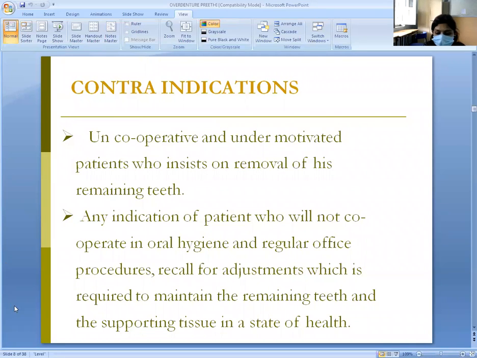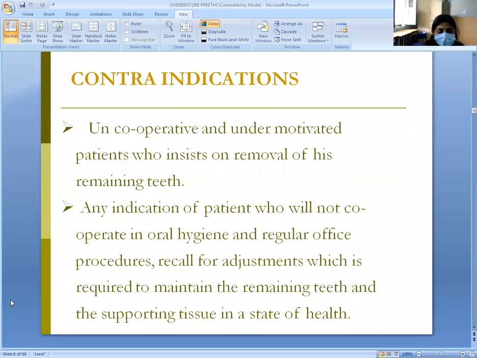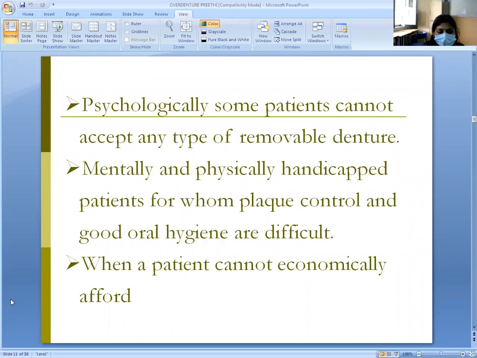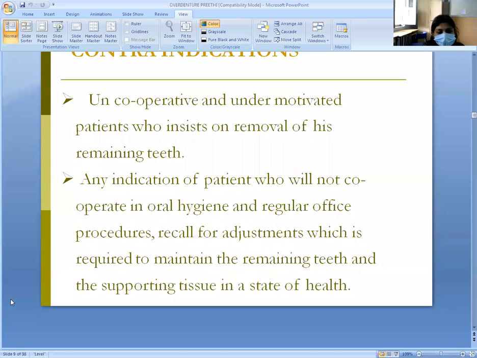When you give the overdenture, the patient needs to visit the dental clinic again and again for regular procedures, like checking whether the abutment is in normal condition, whether there is secondary caries or periodontal loss. If the patient is denying to visit the dentist again and again, then in those cases we cannot give the overdenture.